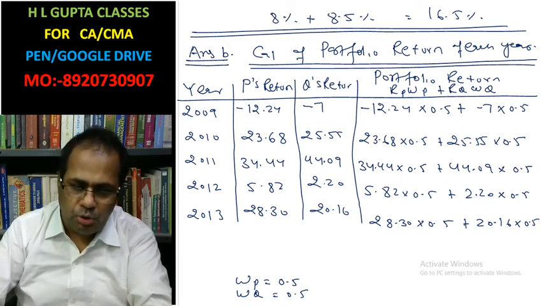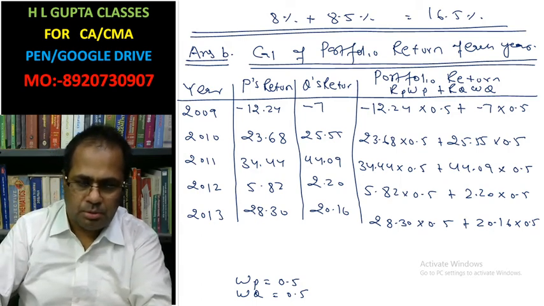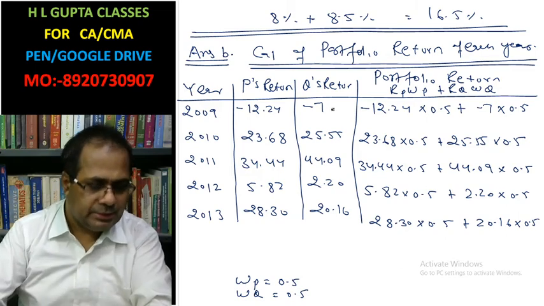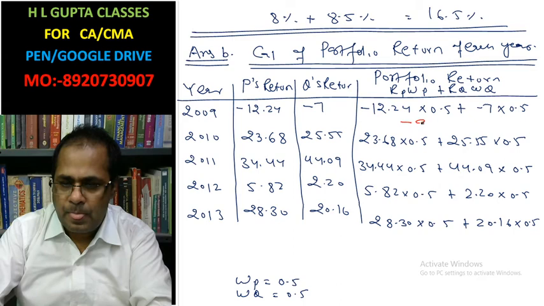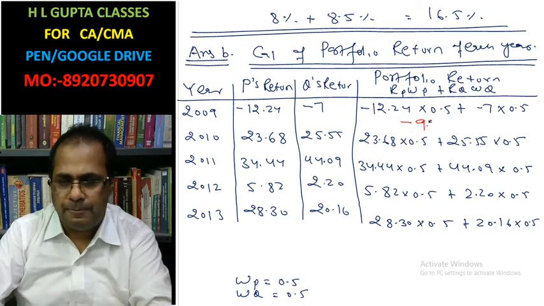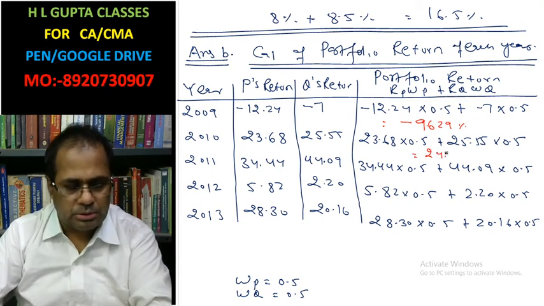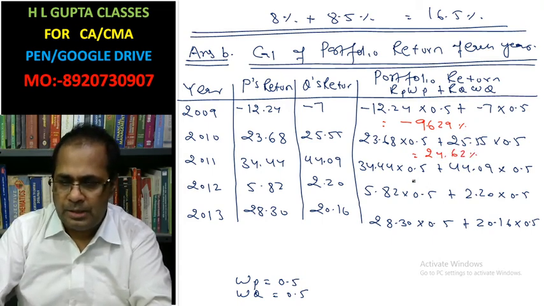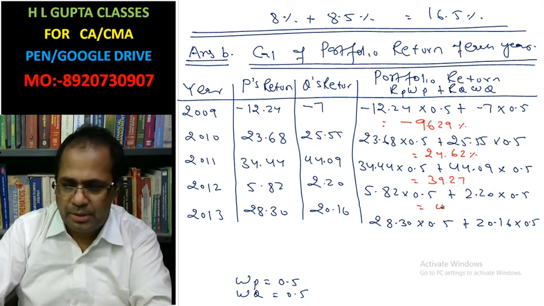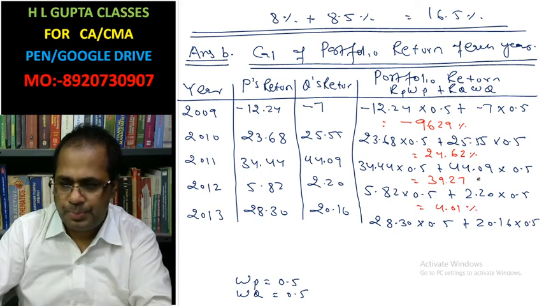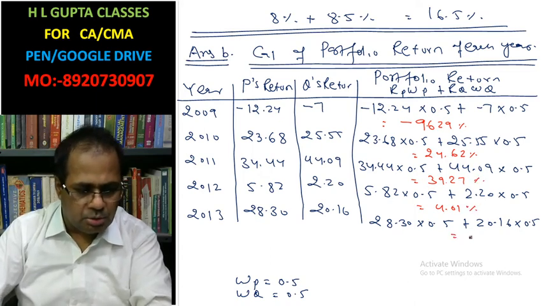Now, look here, please. This is minus 9.62%, this is 24.62, this is 39.27, this is 4.01, and this is 24.23.